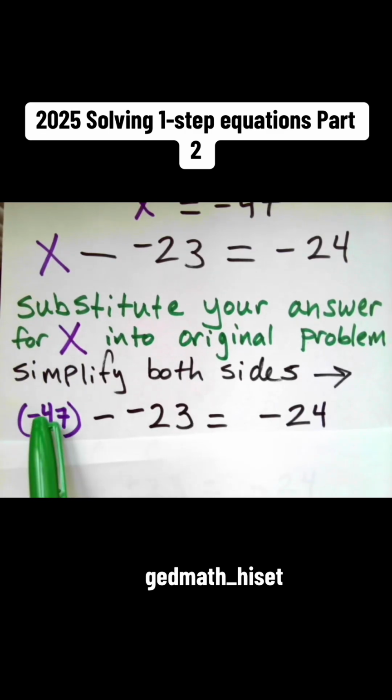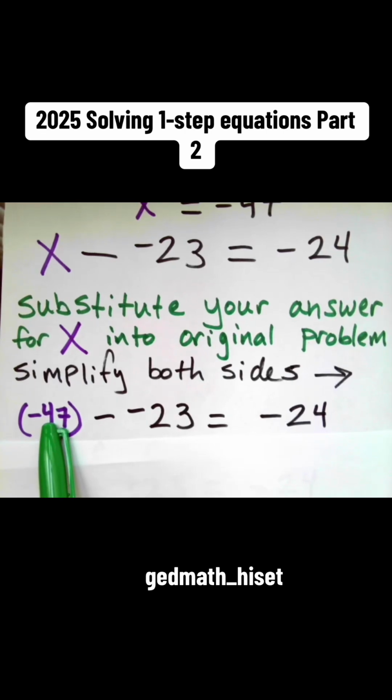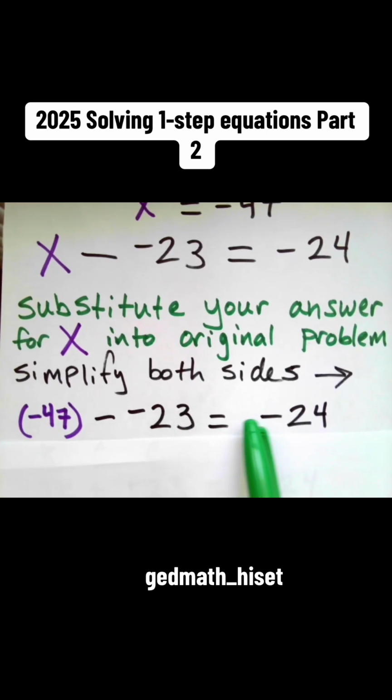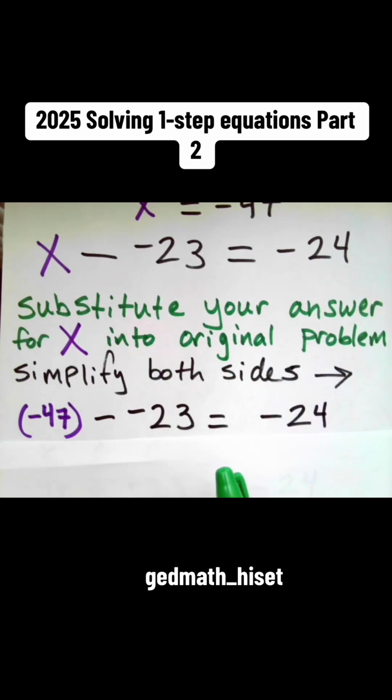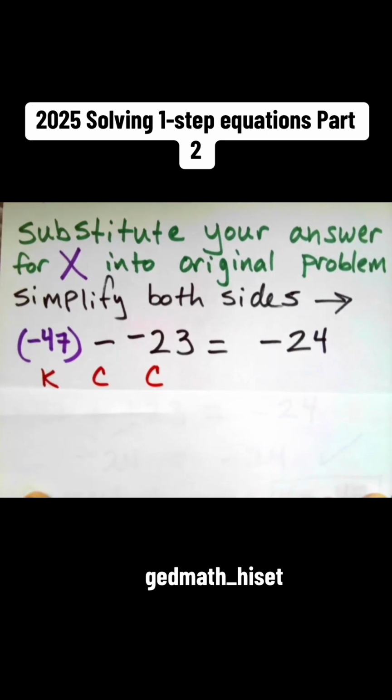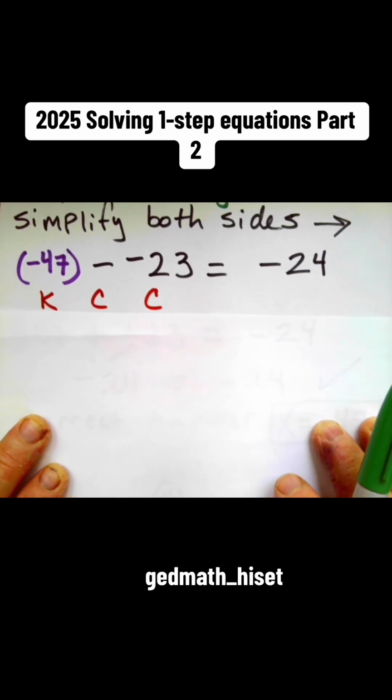I can substitute that negative 47 for x. And then the entire rest of the original equation, I just rewrite below. So, if we did this correctly and the answer is negative 47 for x, then one side will equal the other side. Let's go ahead and take a look here.